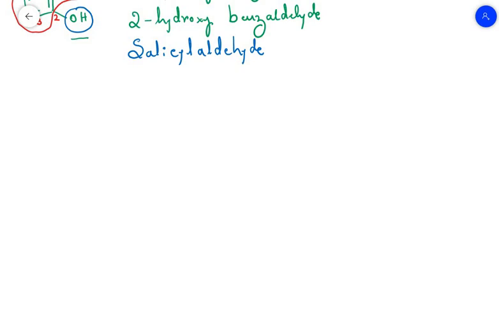Next example. Now this is benzaldehyde, and I will write the numberings, 1, 2, 3, 4 and 5. If a nitro group is present on the second carbon, then it is called 2-nitrobenzaldehyde, and if I write NO2 at the third position, we know that the CHO group has greater priority and NO2 is nothing but a substituent.